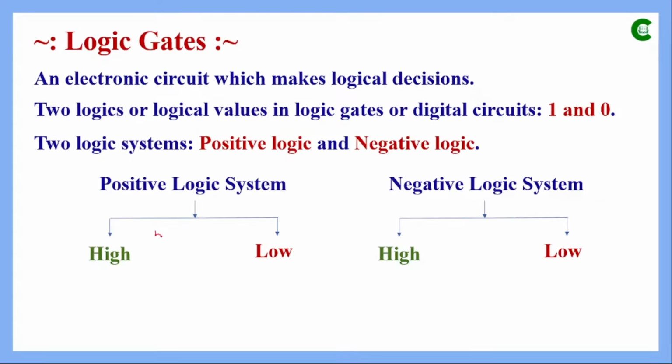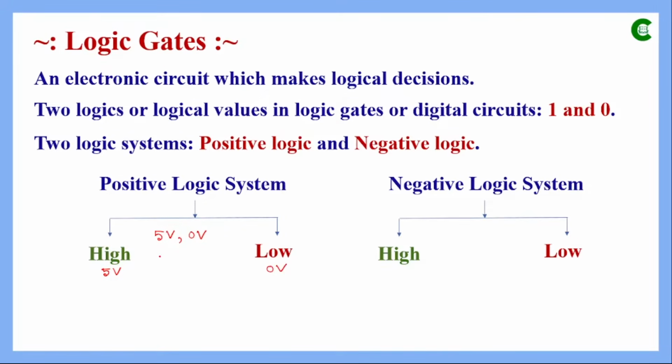Suppose we have two voltage levels in the circuit such as 5 volt and 0 volt, then we know that 5 volt is greater than 0 volt. So in the positive logic system, logic high will be mapped with 5 volt, and logic low will be mapped with 0 volt.